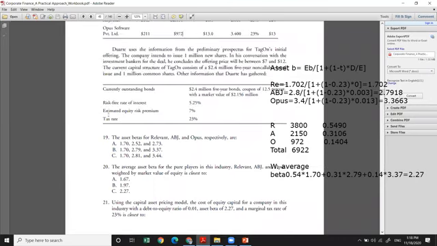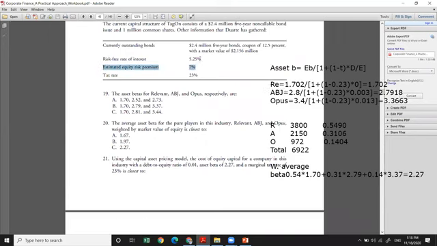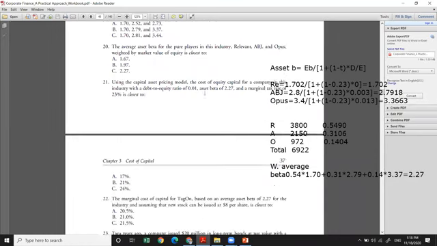Are we given the equity risk premium? Yes, here we go, 7%. Risk-free rate is given as 5.25, so 5.25 plus 2.27 times 7%. So it's just a straightforward calculation.